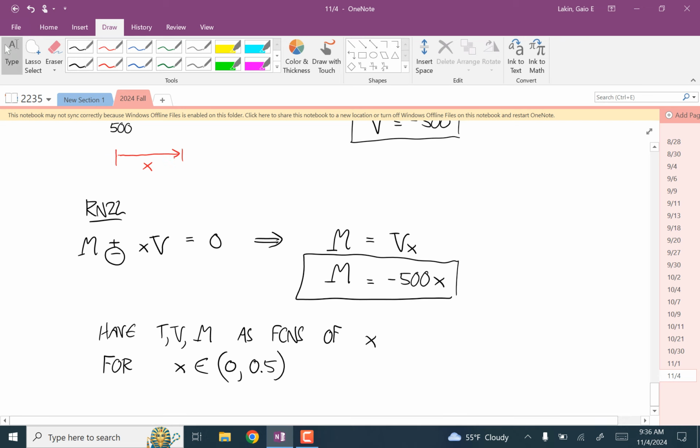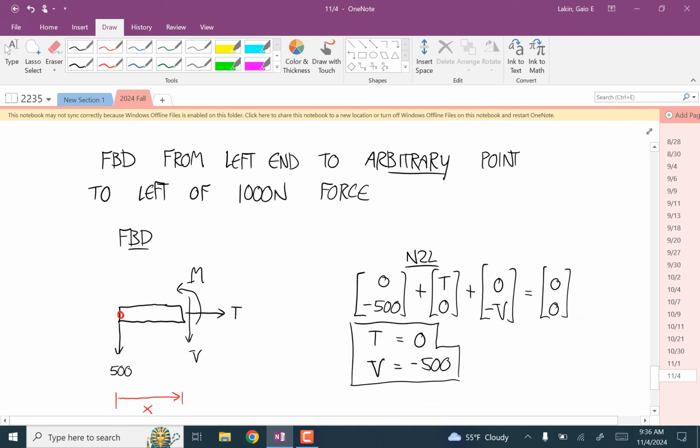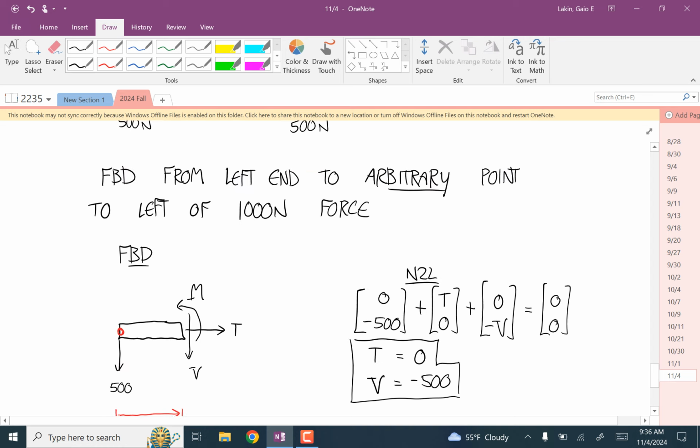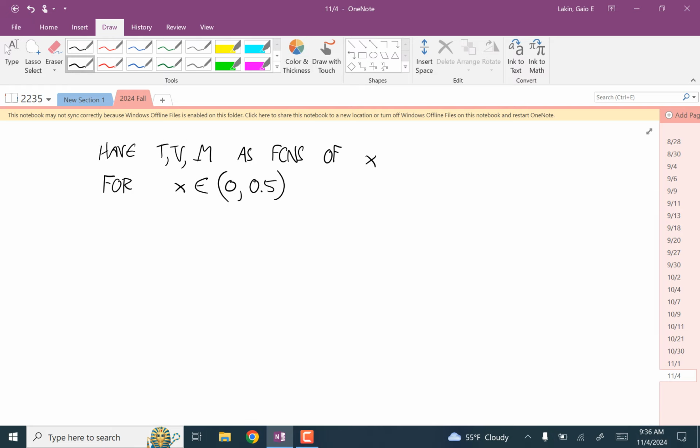But we still don't know anything about what's going to happen on the other half of the beam. So now we're going to take into account the free body diagrams where the right end is more than 0.5 away from the left end. No matter what it is between 0.5 and 1, it's going to be qualitatively the same, and we can treat that all as a single free body. So now I'm going to do a free body diagram.